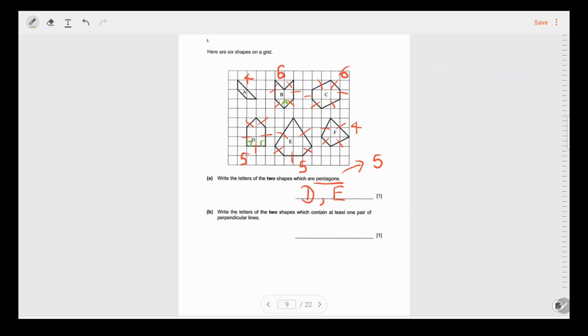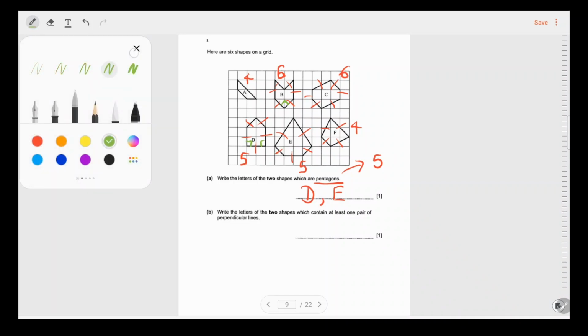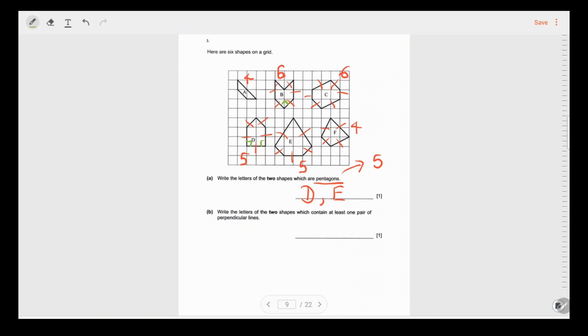So you can use your ruler and place it like this on the edge, and then that is how you see that this is actually bigger than a right angle, whereas a ruler has a straight edge, so this should perfectly fit into a shape that has a right angle in the corner. Right, so no right angle over here. So our shapes that have a right angle and therefore perpendicular lines is B and D.